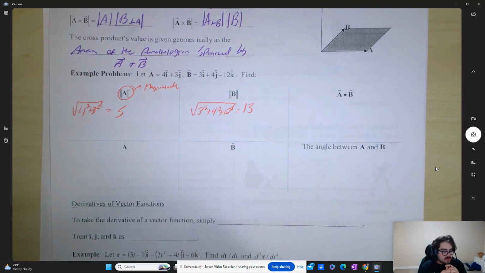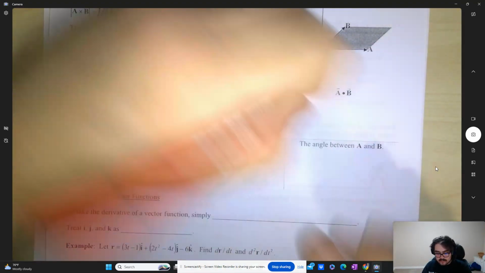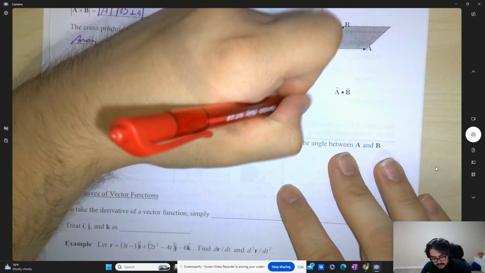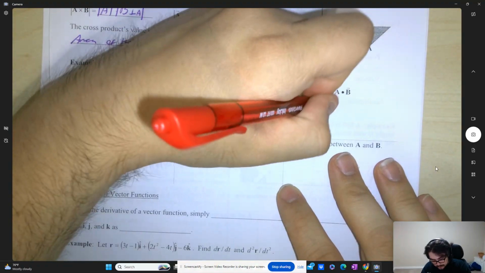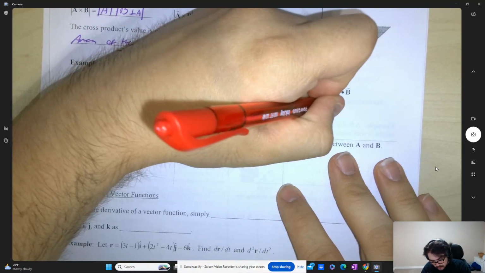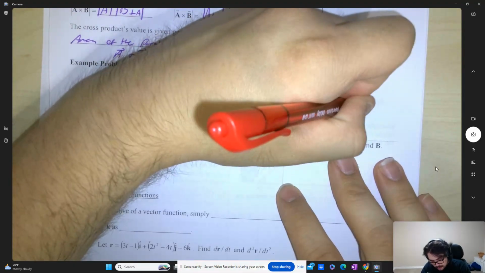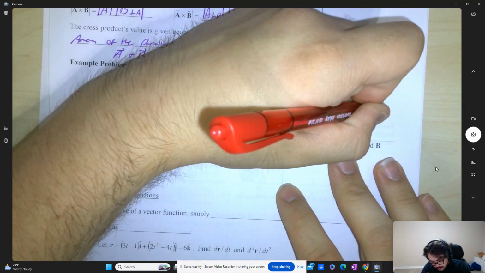A dot B. To do that, we're just going to do AX BX plus AY BY plus AZ BZ.